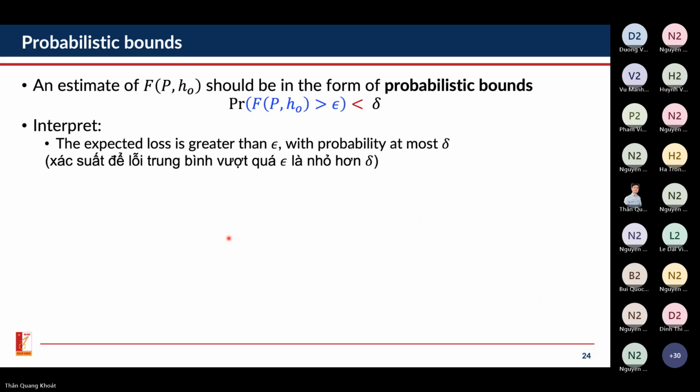So how to estimate the error? Here we want to estimate the expected error, not the error on a training set, right? If we have a data set, then we will compute the average error on that data set. But here the true quantity is this one, the population error, right?